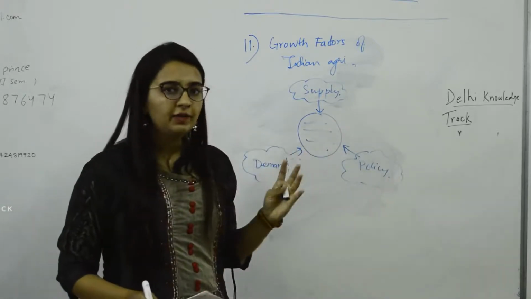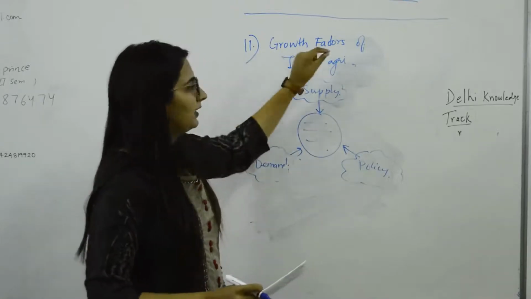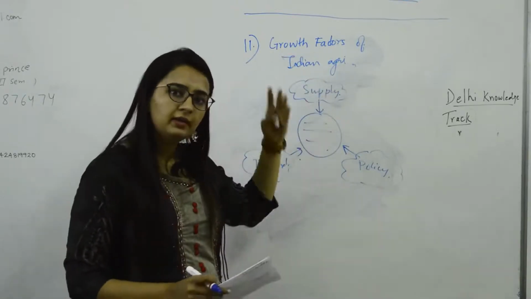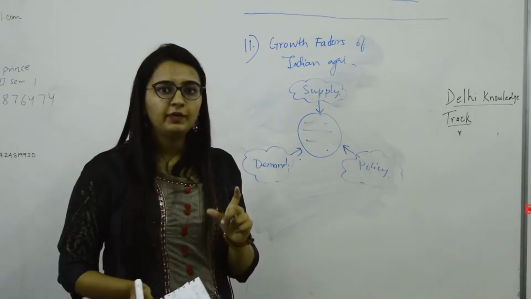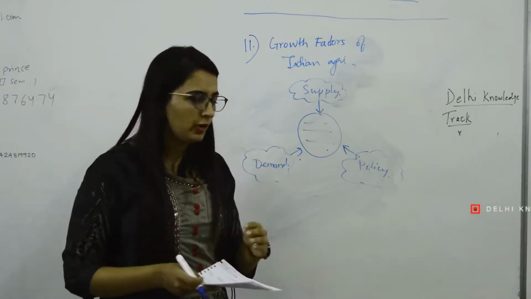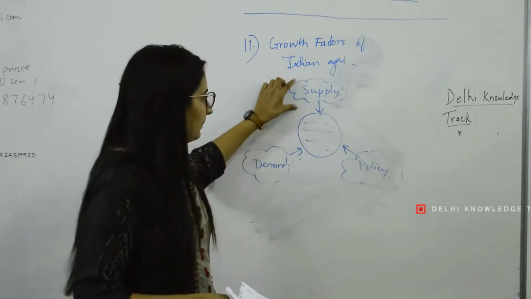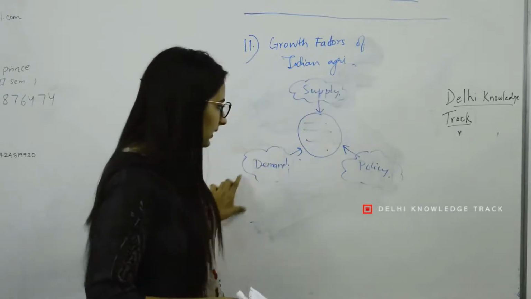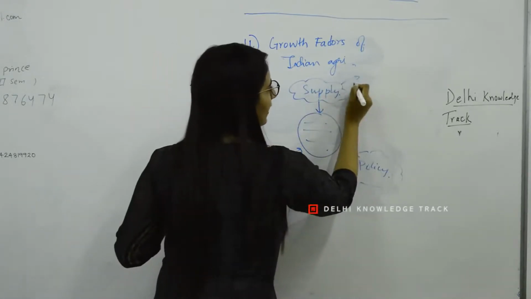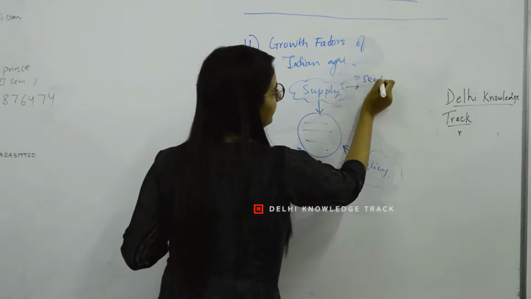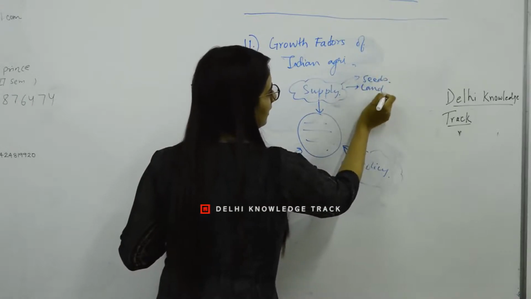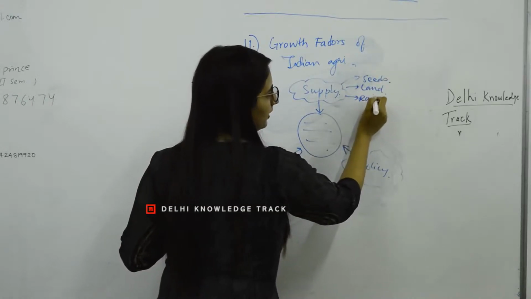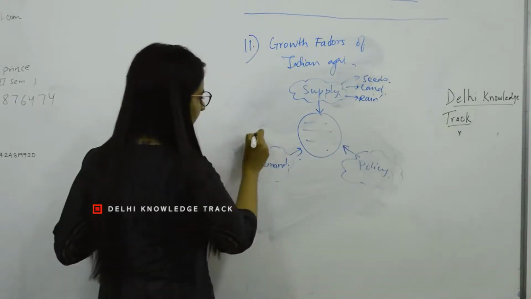Now whenever we write our answers, what we do is the growth factors of Indian agriculture are as follows, and we write 6 points, 7 points. That way what we are not doing is structuring those points. Here we have structured that supply side के ये points है, demand side के ये है, policy के ये है. तो supply side के points क्या हो सकते हैं? Seeds, land, rainfall. Demand side के points क्या हो सकते हैं?